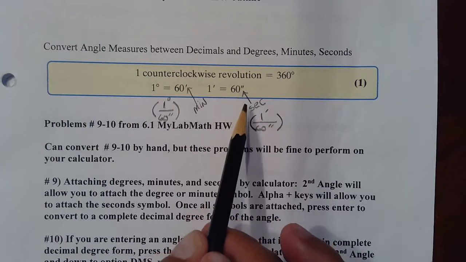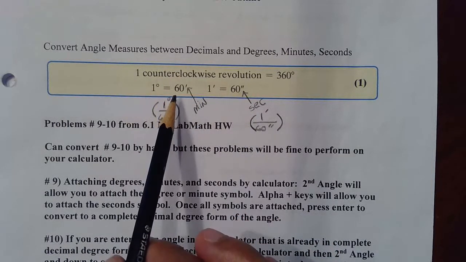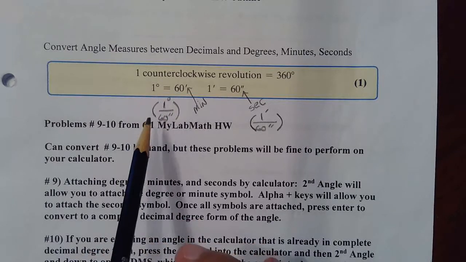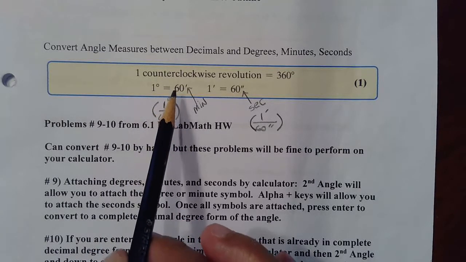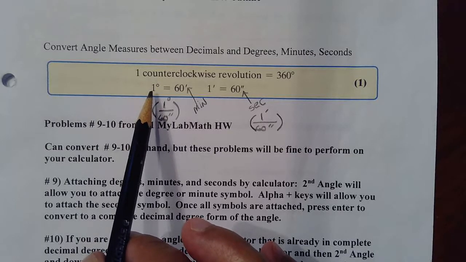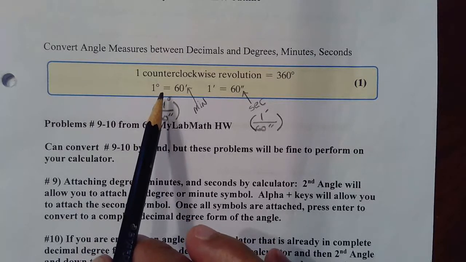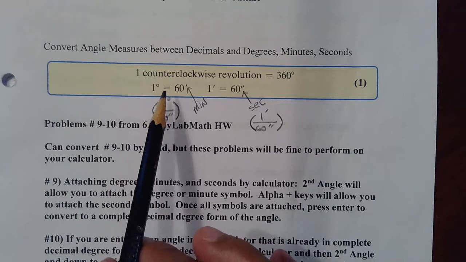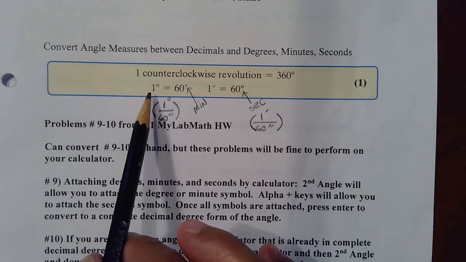A double hatch mark means seconds. Minutes are portions of a degree. In fact, it takes 60 whole minutes to make up a degree. So when you don't have a full degree, you might have a portion of that degree, like 50 minutes or 46 minutes leading up to a degree, but not actually making it to the next degree.